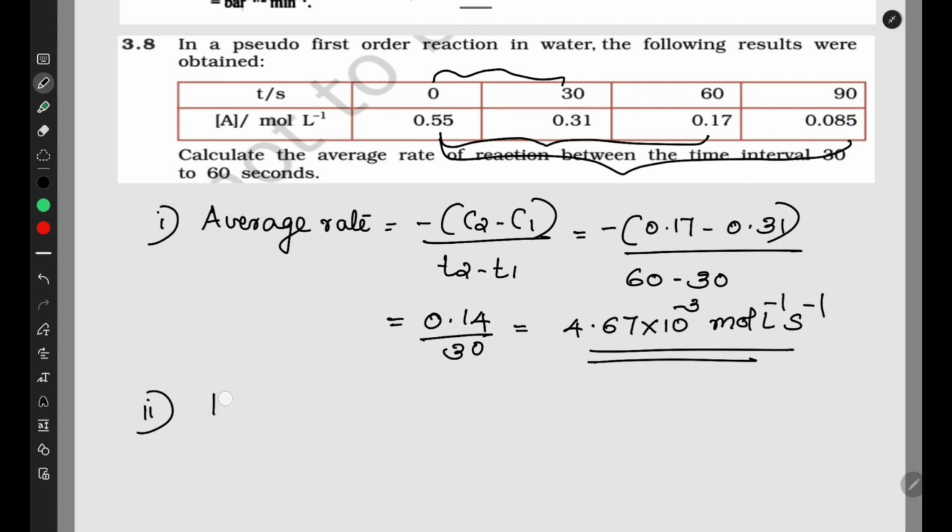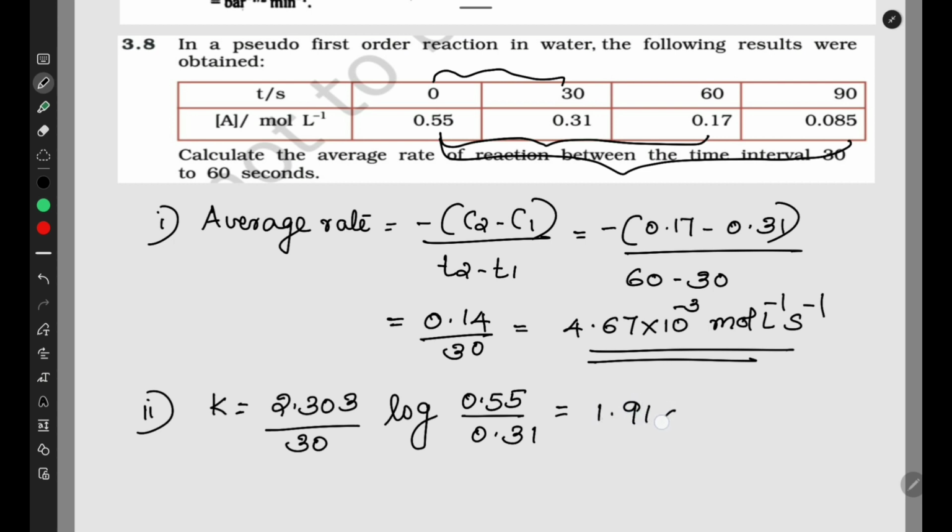So K is equal to 2.303 by T, time is 30 seconds, log initial by final, 0.55 by 0.31. When we simplify this, we will get 1.91 into 10 raised to minus 2 second inverse.